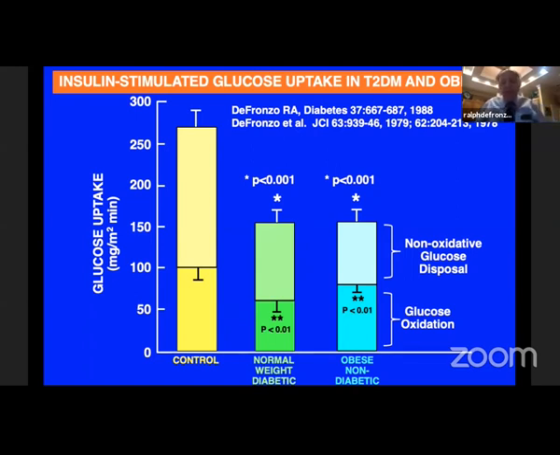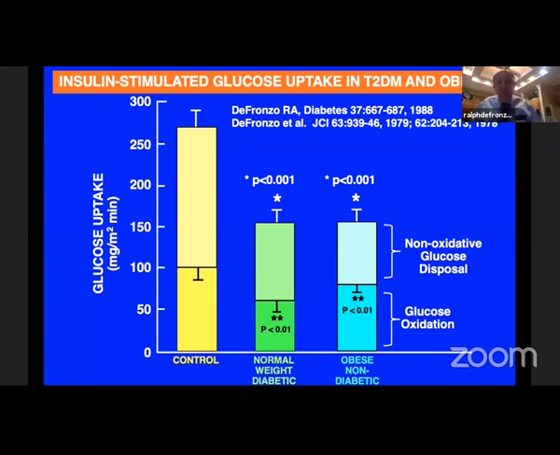Now, many, many years ago, we asked, what are the tissues that are responsible for this insulin resistance? So when I was on a sabbatical in Sweden with Professor John Warren, Dr. Ellie Ferranini and I did a number of studies where we put catheters into the femoral artery and the femoral vein, a catheter into the renal vein, hepatic vein, and the jugular vein.